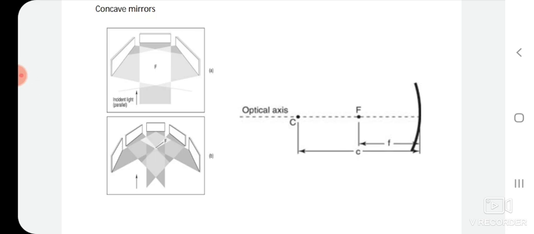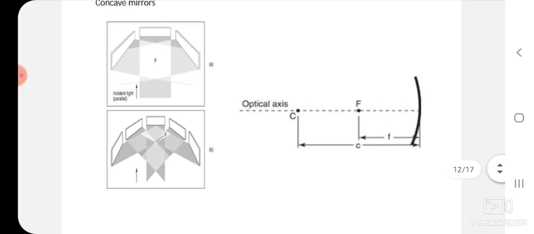A concave mirror reflects light from its inner curved surface. The mirror can be a portion of a sphere, a cylinder, or shaped as a rotated parabolic curve.